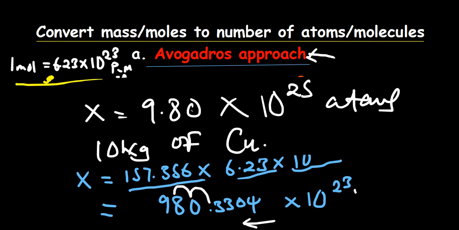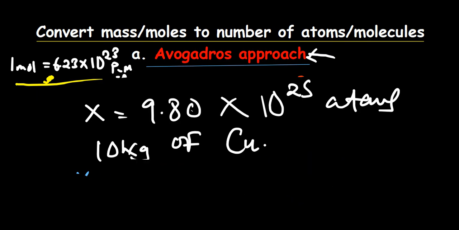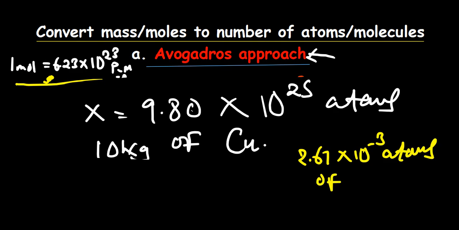We can actually use this same approach in a case where we are given the number of atoms. Let's say we have 2.67 times 10 to the power minus 3 atoms of, let me not use hydrogen, let me say chlorine.